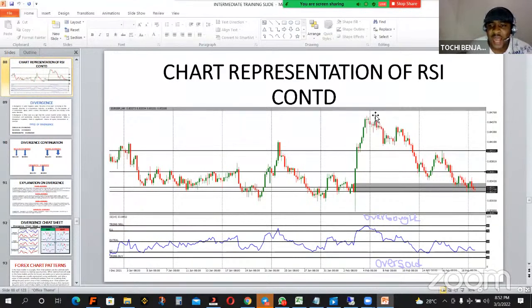And in no distant time, you see the market started selling, and selling massively to this point. If you understand this, the RSI, that the market got to overbought, which is about 80 on my chart, you should be looking for an opportunity to sell.